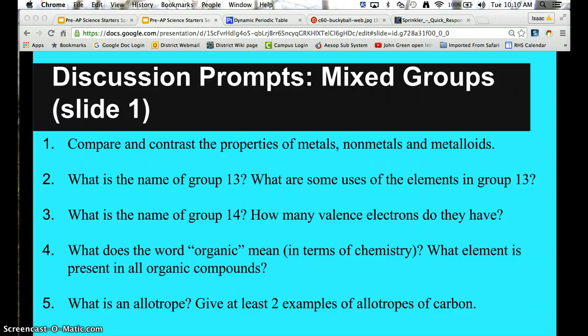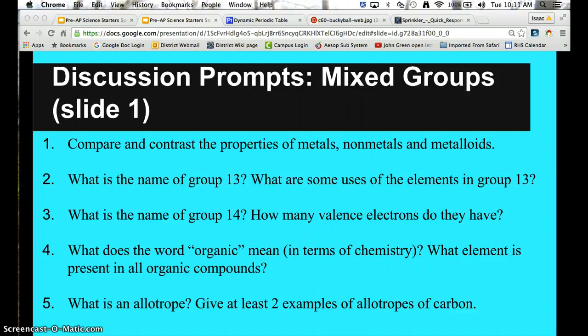Number two, what is the name of group 13? What are some uses of the elements in group 13? Group 13 is called the boron family or the boron group. Boron specifically is used to create what's called heat-resistant glass, which is often used for some of the labware that we use in class.